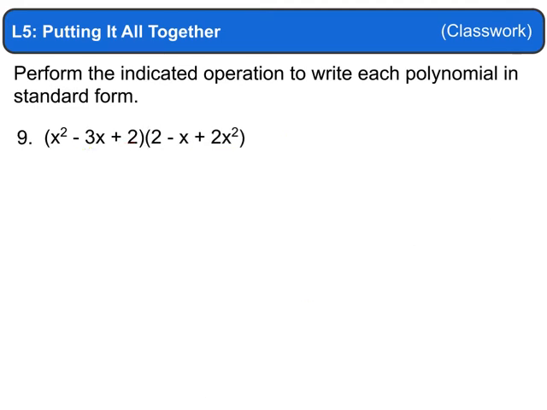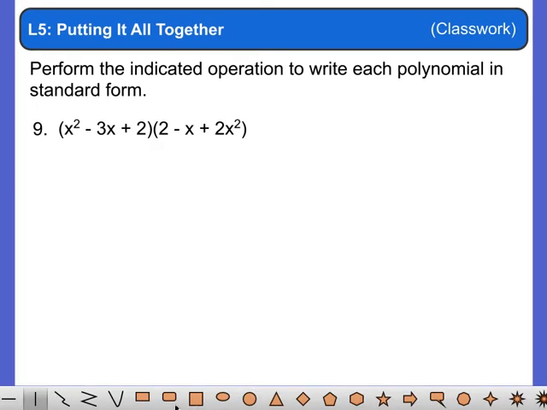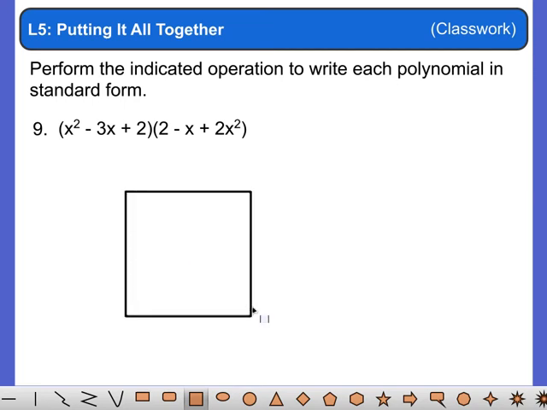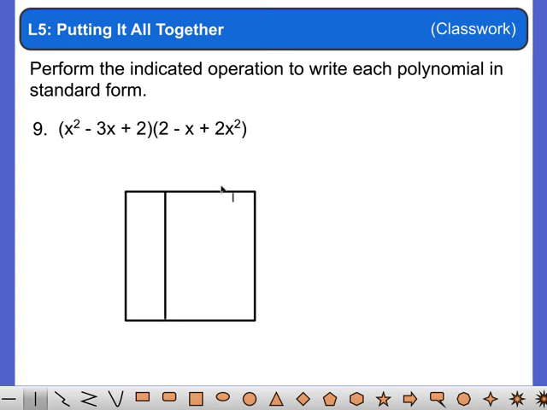So again, remember, this is really just about looking at strategy, which way you want to solve things and so forth. So in this case, this is multiplication. We're going to do the area model. We're going to need a 3 by 3 because everything is there. But one of the things that you want to note in this particular 3 by 3 model is that it's not written in standard form.